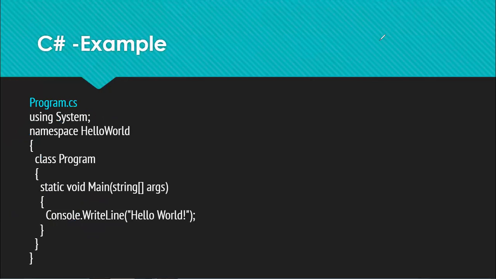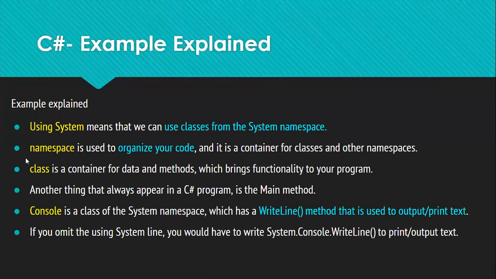So here I have just given an explanation: using System means we can use classes from the System namespace. Namespace is used to organize your code. Class is a container for data members and methods. Then the Main method appears in every C# program.